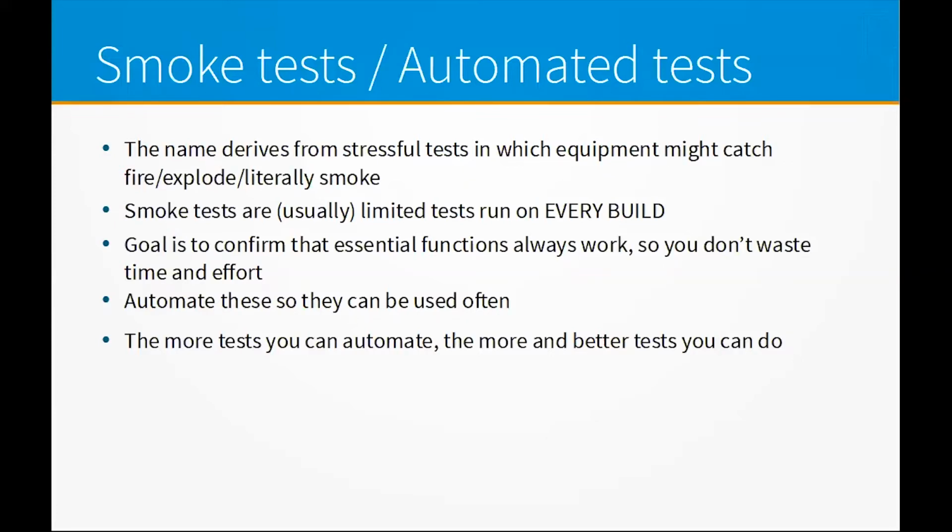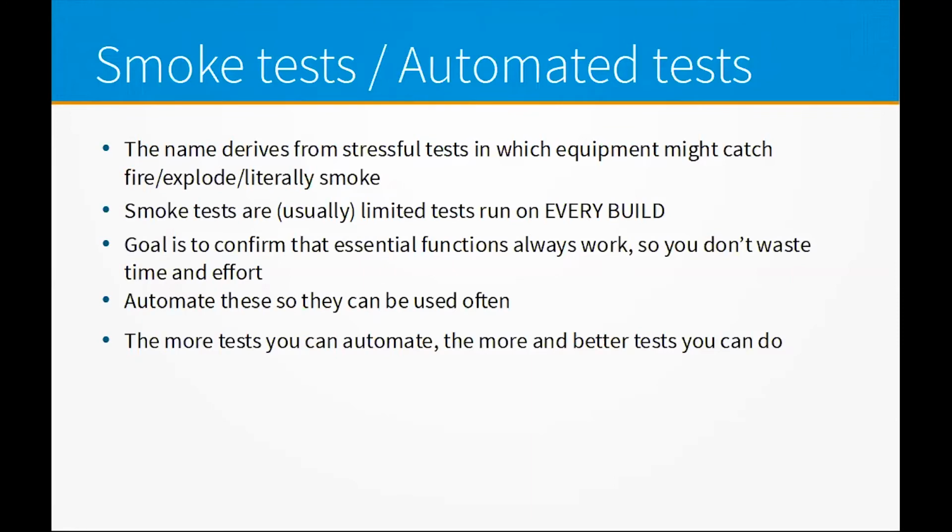So a smoke test in software is generally a limited test. It's a quick test, but it's run on every build. And the idea of the smoke test is to confirm that the software essentially works. Once you get a release done, obviously, you're going to call in the QA team, you're going to call in the testers, and they're going to do a lot of work.